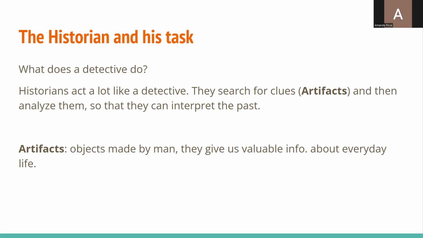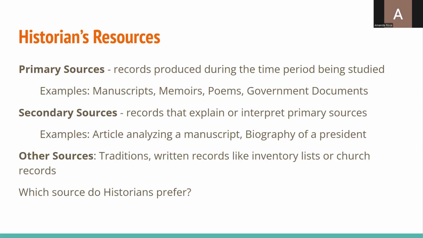Often artifacts and architecture go together. So think about when they do historical digs, like for instance at the pyramids, and they found all the stuff inside the pyramids in Egypt. Those are artifacts, and they give us clues about what life looked like during certain periods of history.